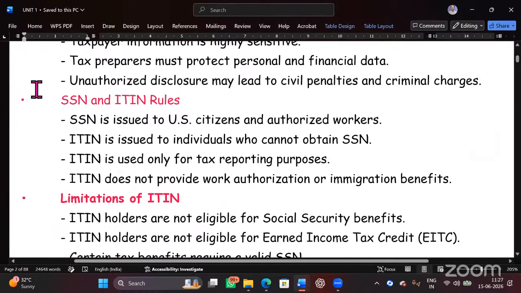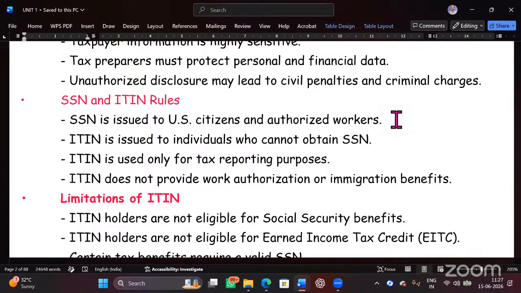Now coming to the social security number rules. Social security number is issued to US citizens and authorized workers. Work permit, sir. Obviously, automatically all the citizens have the social security number.